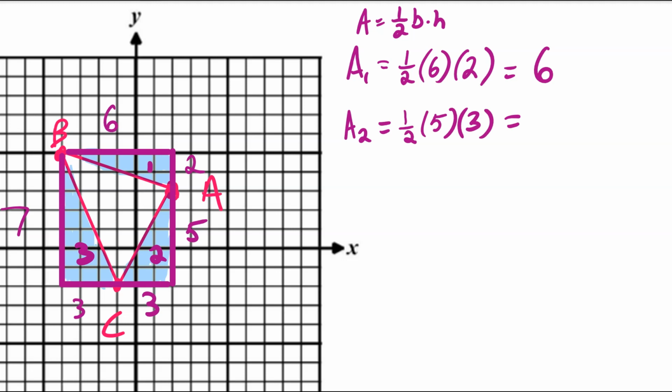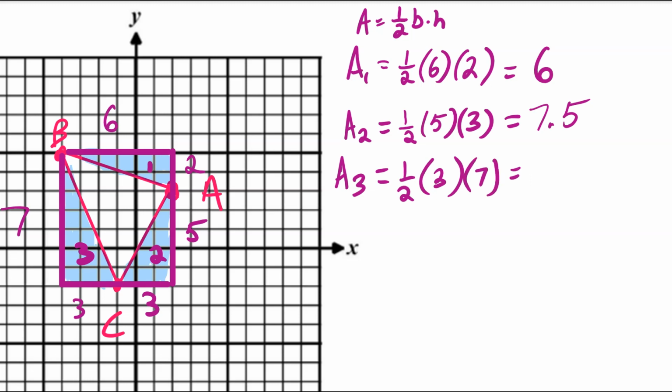Half of 5 is 2.5, times 3 is 7.5. Again, you could just do that in your calculator. And the area of the third is 1/2 base times height, or 10.5.